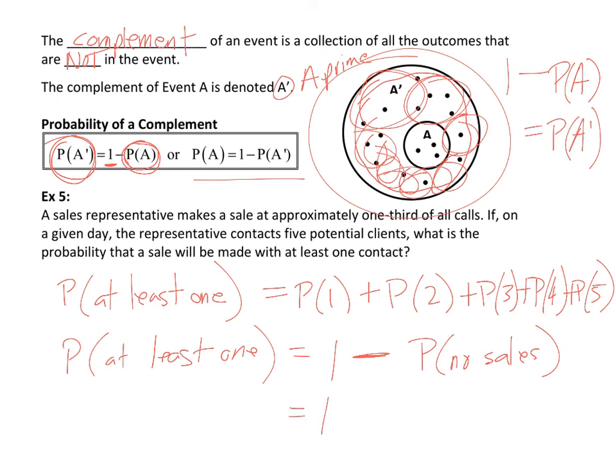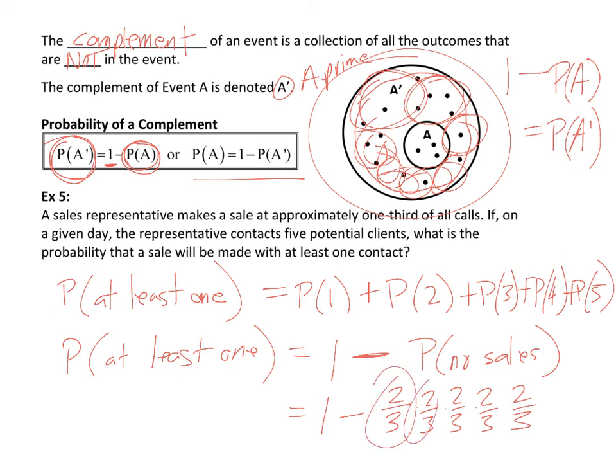So I have 1 minus, what's the probability of no sales? Well, it's going to be 2/3 times 2/3 times 2/3 times 2/3 times 2/3. Because if there's a 1/3 probability that you make the sale, then there's a 2/3 probability that you don't make the sale.